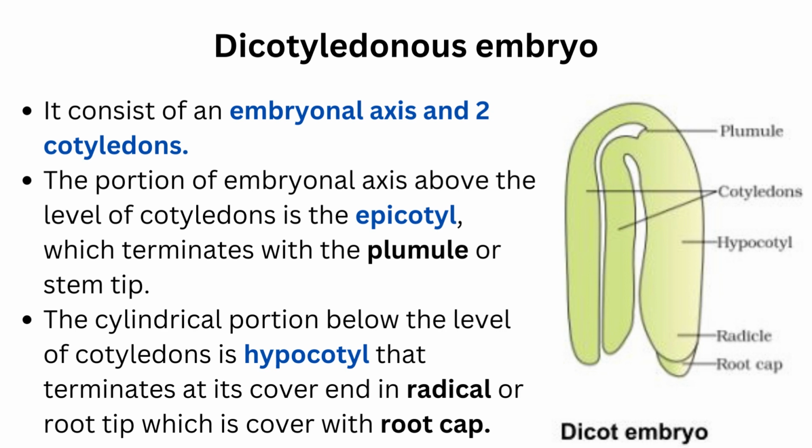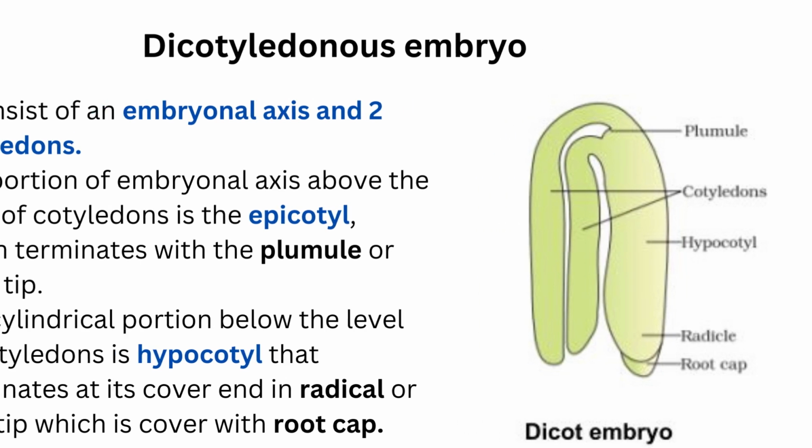The cylindrical portion below the level of cotyledons is the hypocotyl, that terminates at its lower end in the radicle or root tip, which is covered with a root cap. The epicotyl is the upper part which terminates with a plumule, and the hypocotyl is the part that terminates with the radicle or root cap.